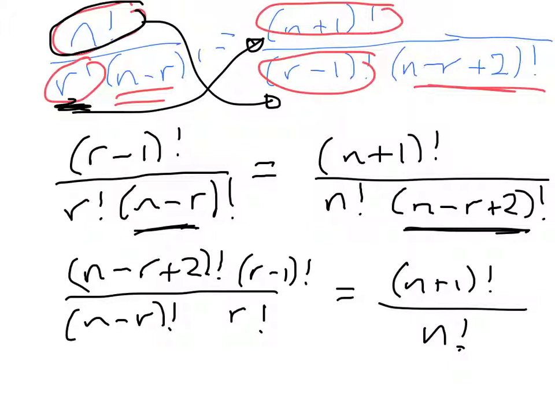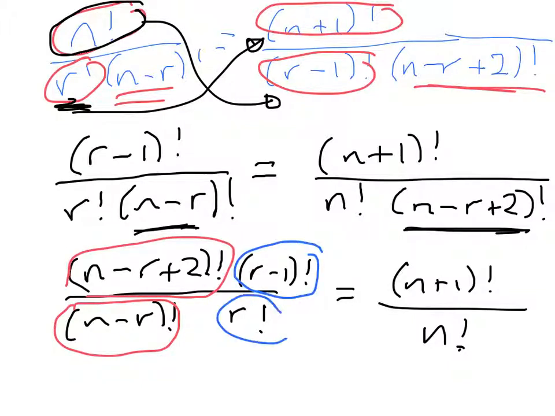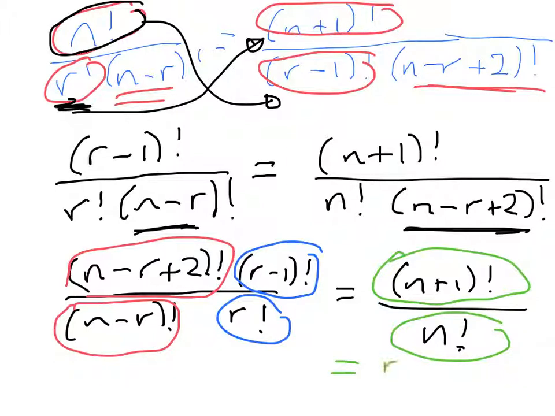So what I'm going to simplify here is this and this, right? This and this, and I need another colour. Oh, there we are. This and this. We're going to do the easiest one first. So n plus 1 factorial divided by n is simply n.